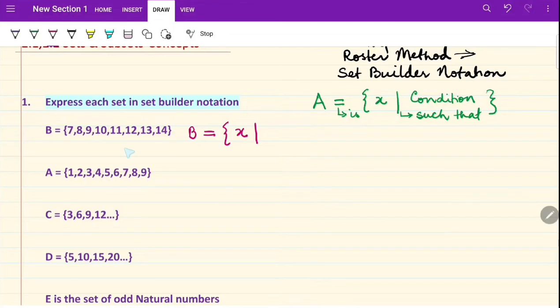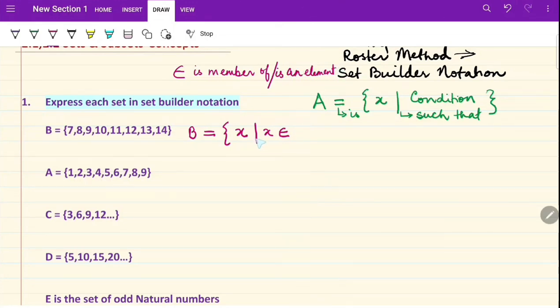How do we write that? So x such that x belongs. This is the notation to represent belongs, or is a member of. Let me write that here. This notation means is a member of, or we can also say is an element of.